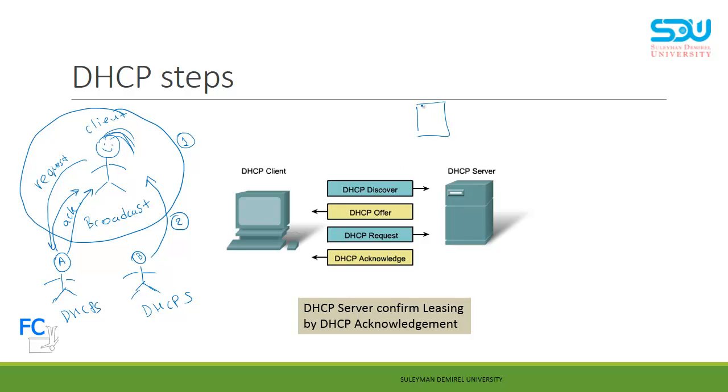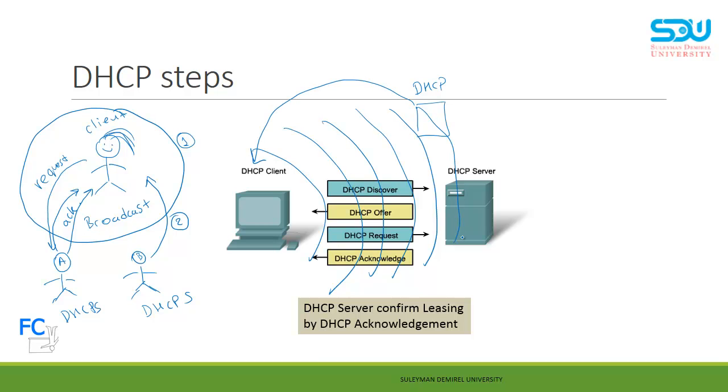If we have two DHCP servers, and our computer makes the broadcast, like I want to have an IP address, is there any DHCP server, then these two DHCP servers make offers, and their offers will be answered according to the speed of the offer.